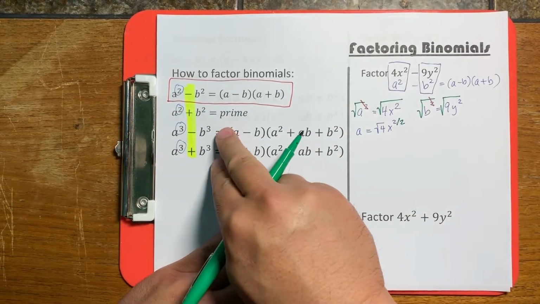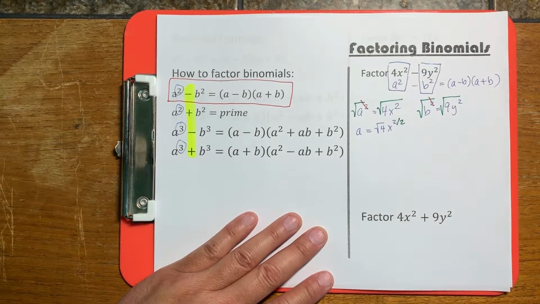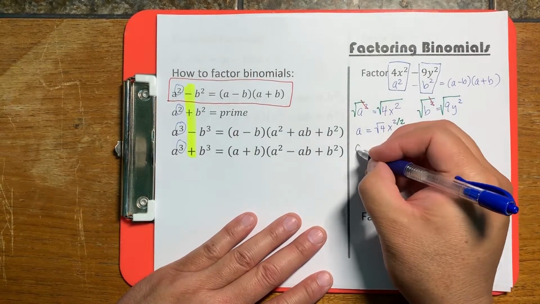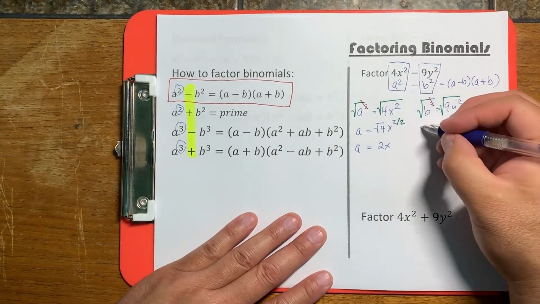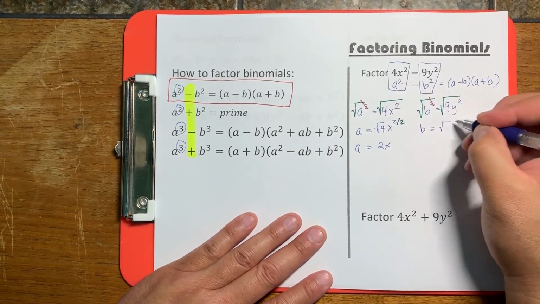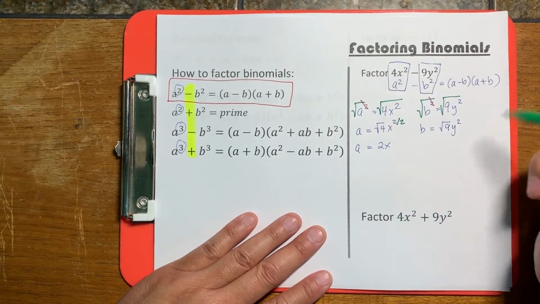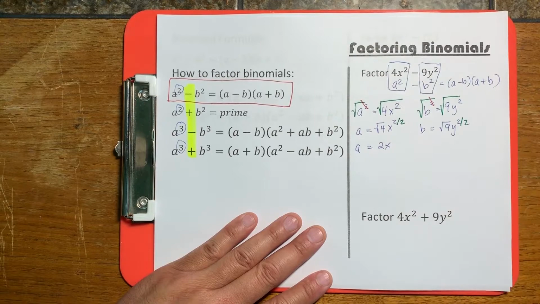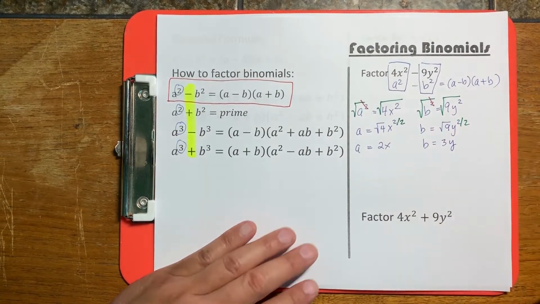Whenever we use these bottom two, we'll divide the exponent by 3, but we haven't gotten there yet. So we can see that a is equal to 2x, and we can see that b is equal to the square root of 9y squared, also divided by 2. And we can see that b is equal to 3y.